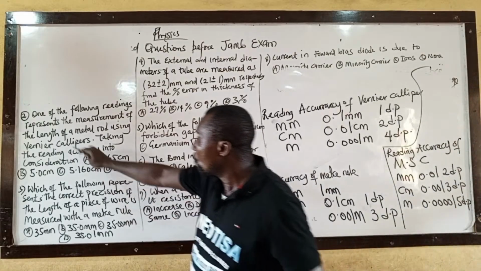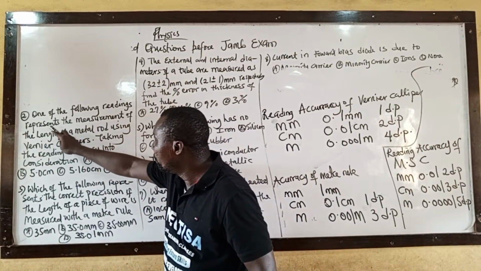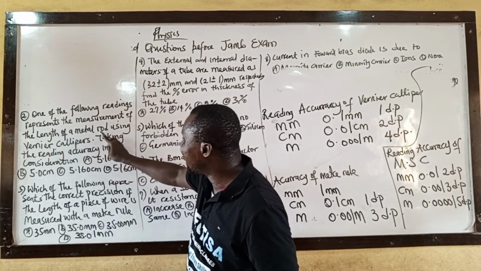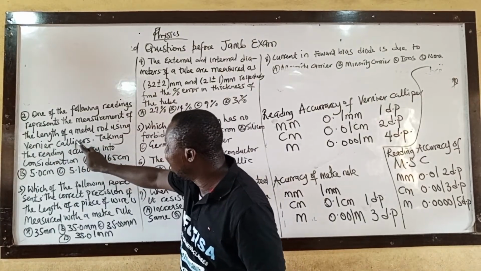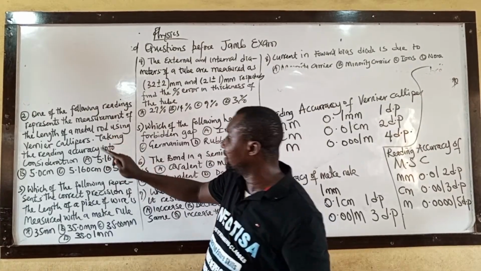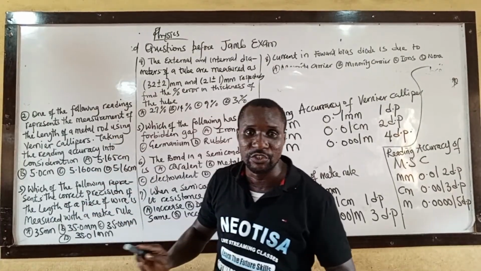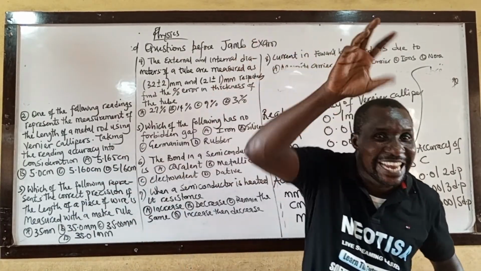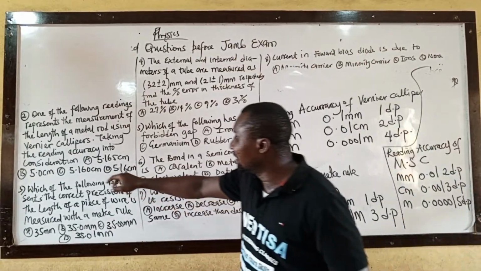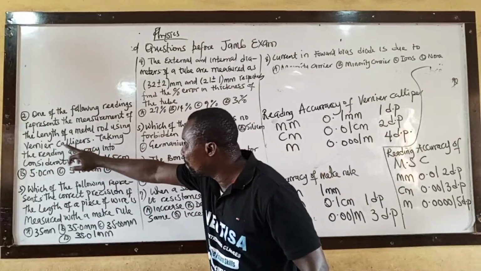Let us say one of the following readings represents the measurement of the length of a metal rod using vernier caliper, taking the reading accuracy into consideration. In centimeter, what is the reading accuracy of vernier caliper?